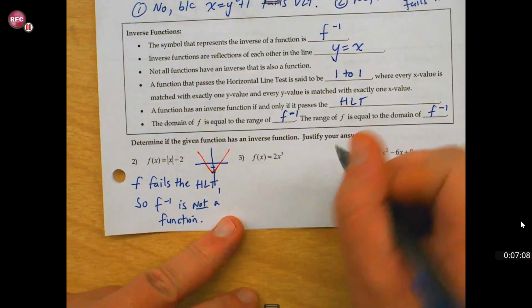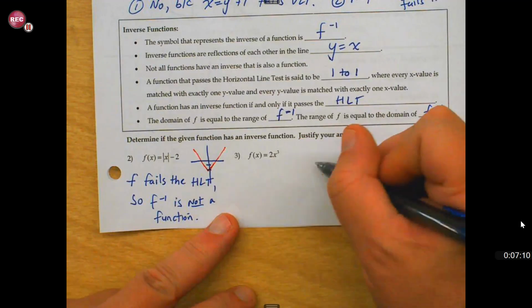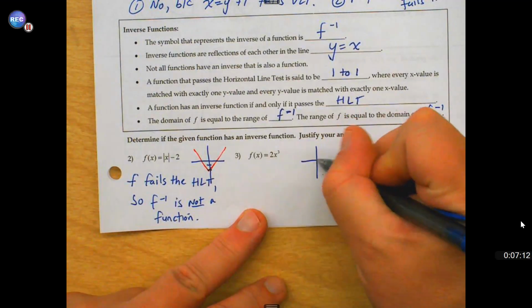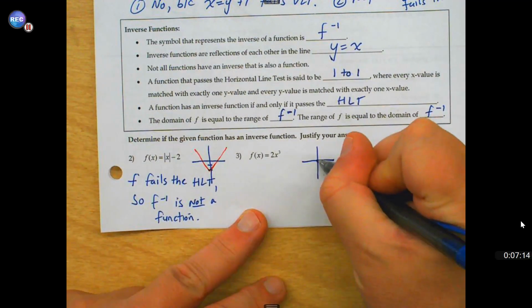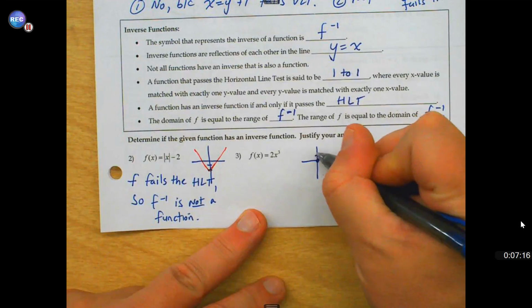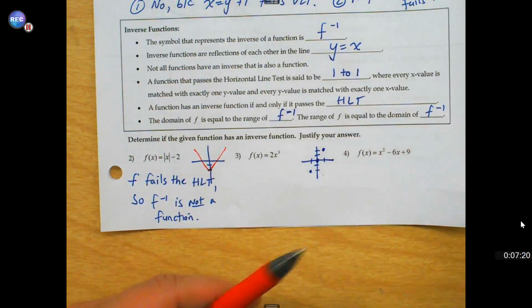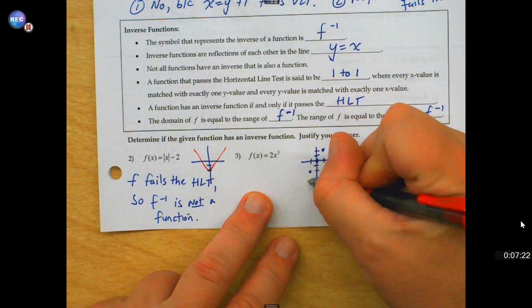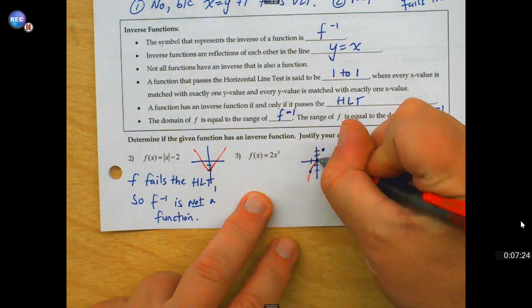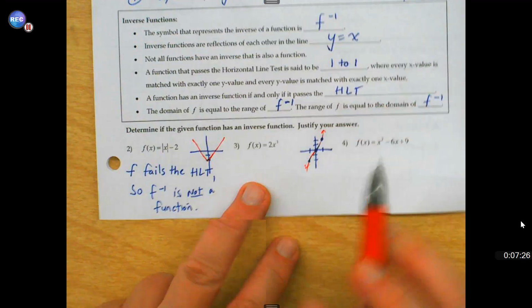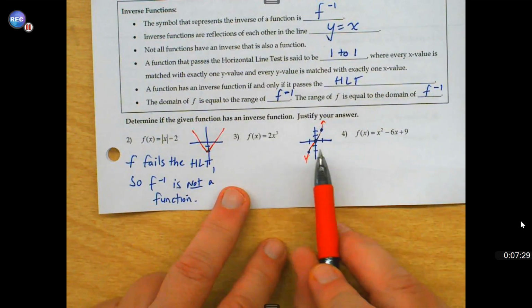All right, next up we got 2x cubed. So that's just a vertical expansion by 2 of our parent function, x cubed. So we got that point there. We come up to 2, down to -2. We'll sketch it. We can see that this graph would pass the horizontal line test.